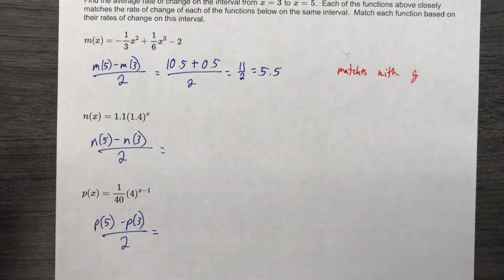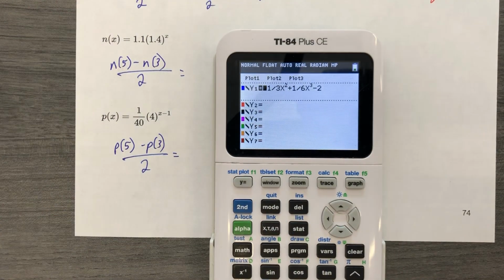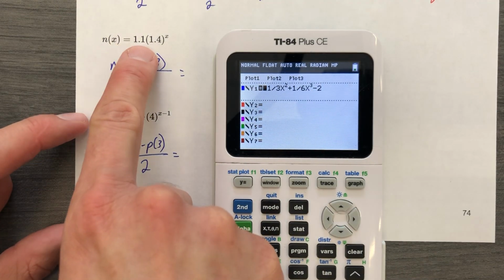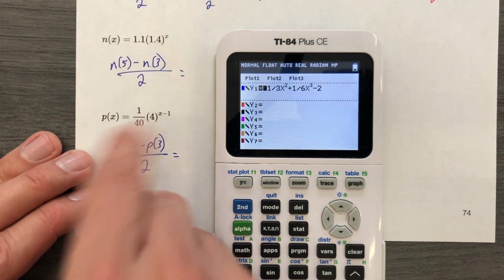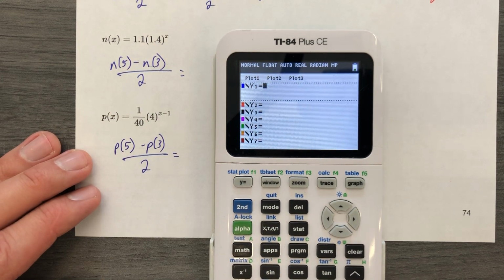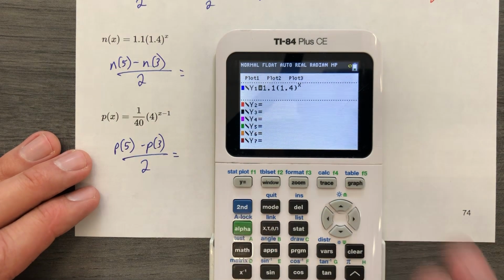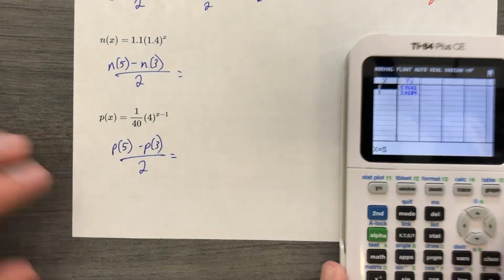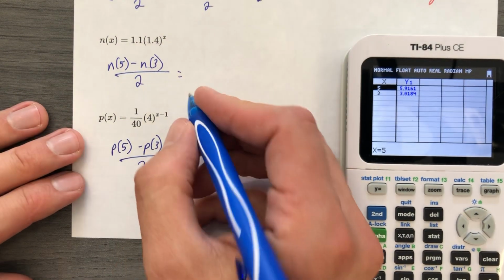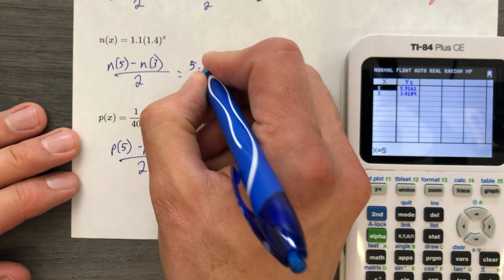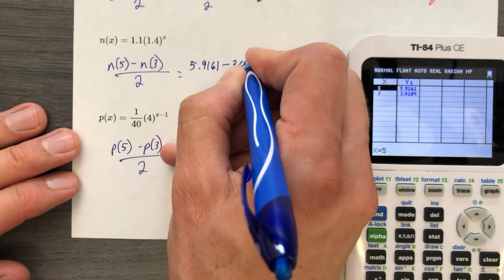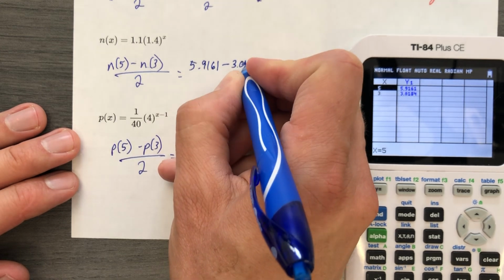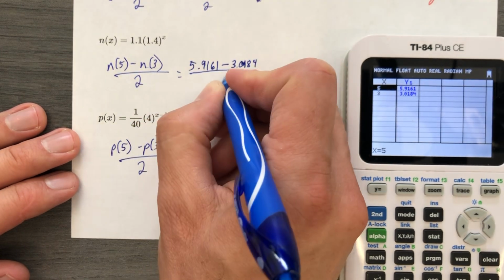Okay, do the next one. Again, in Desmos, type n of x equals, and then type that exactly, and then you could type that exact same thing with 5 and crank the answer right out. But I'm not doing it right now because I'm just explaining it on a calculator instead. 59161 minus 30184 over 2.